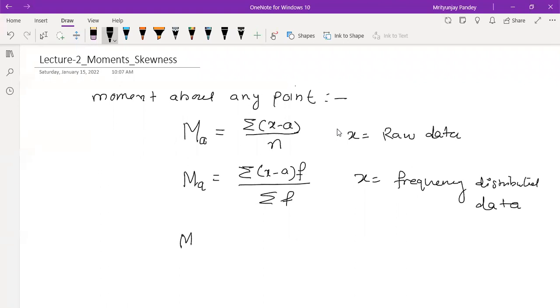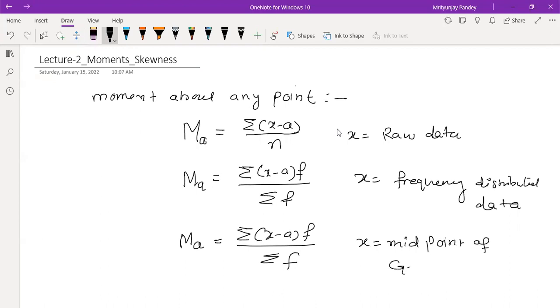And third formula, moment about A, summation of x minus A into f divided by summation f, where x is midpoint of grouped data.